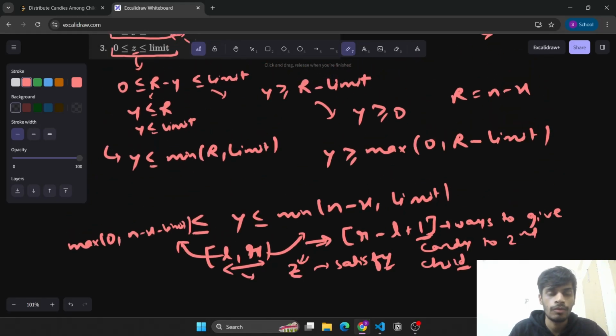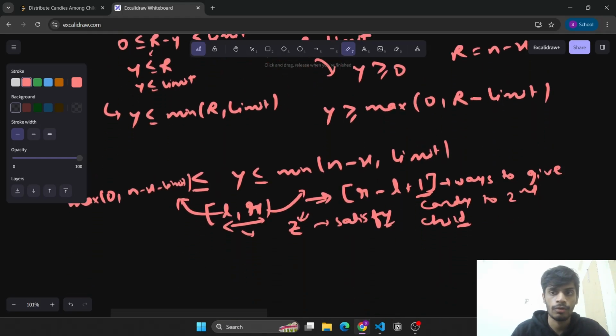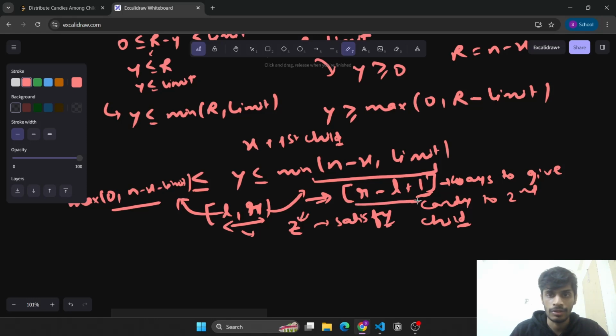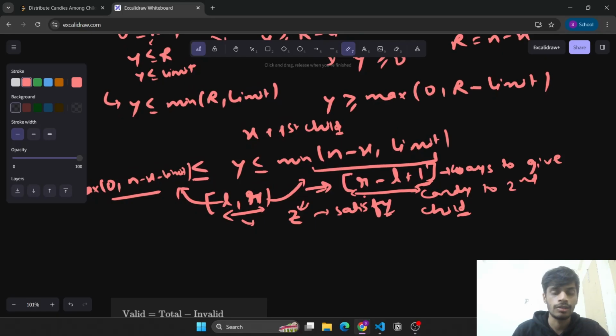So hence we will follow this approach of fixing x for the first child, and then finding out this range for the second child, and the number of ways would be R minus L plus 1. Now one more thing we need to satisfy is, suppose we have given x candies to the first child, then the remaining was n minus x.